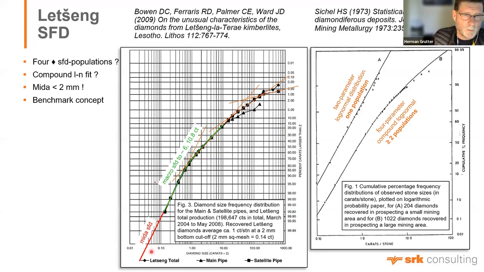So anybody who is going out there and saying, oh, we can use microdiamonds to try and constrain this part of the data set, I think they're speculating. They're not following the published data that we know is representative of the Letseng system and the different types of diamonds that are present in that system.